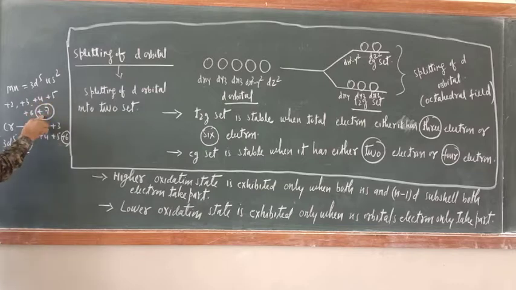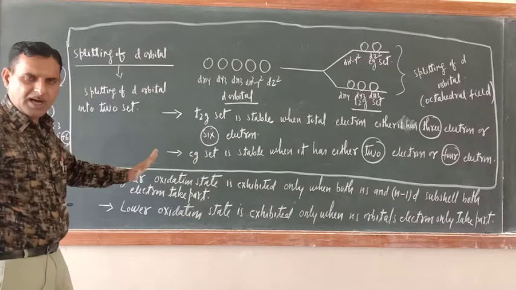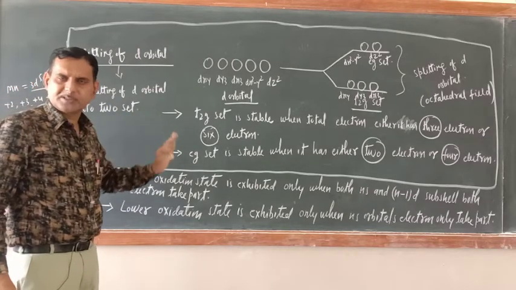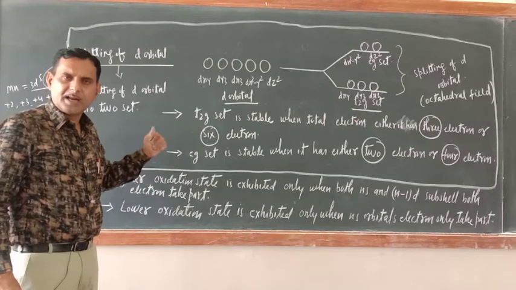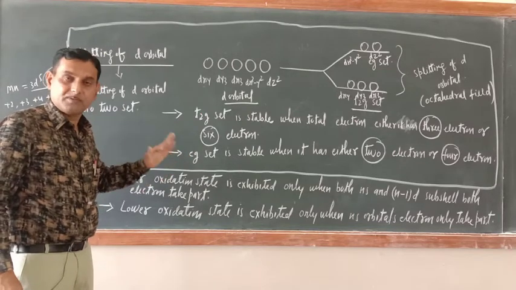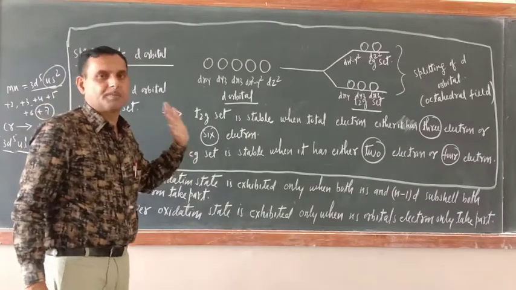The highest oxidation state is plus 7. It will exhibit plus 7 when 3d and 4s both electrons take part. But plus 2 it will exhibit when only the 4s electron is taking part. So for higher oxidation state, the (n-1)d subshell and ns shell both electrons should take part, and for lower oxidation state only the ns shell electrons should take part.